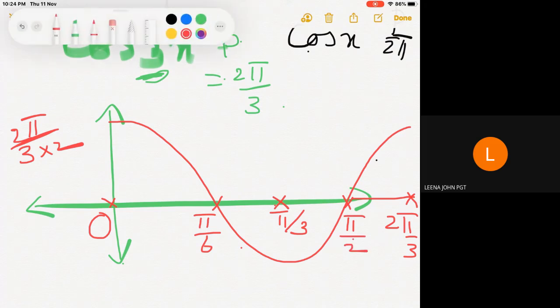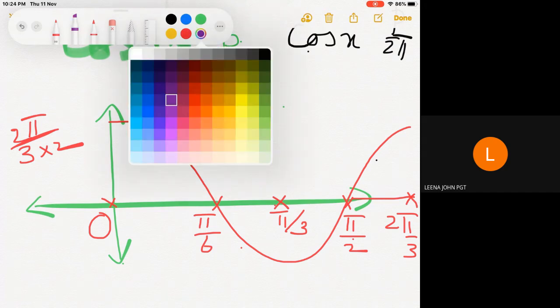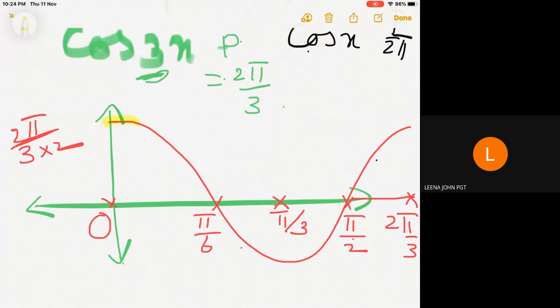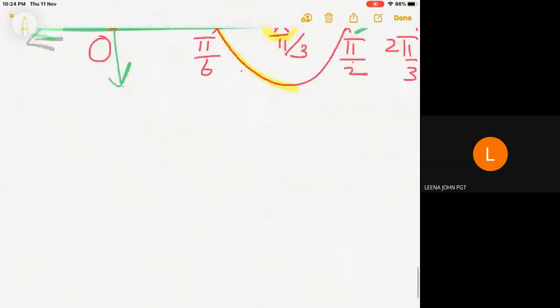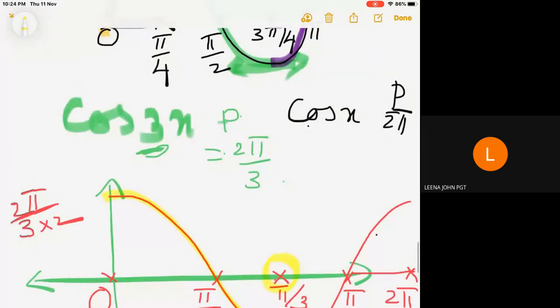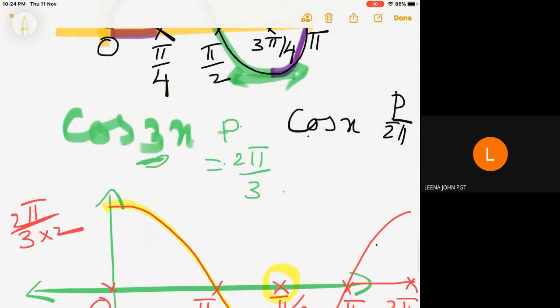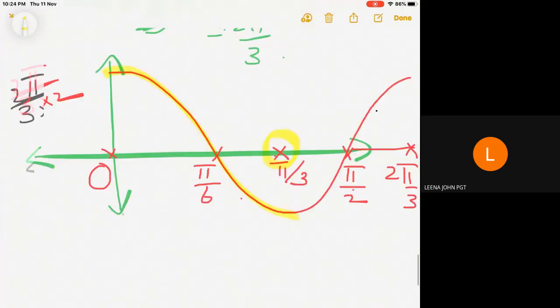Now here also you can easily locate where the function is strictly decreasing. You can see here strictly decreasing excluding this point, and strictly increasing from pi by 3 to 2 pi by 3. So this is a way you can, without using the derivative test, conclude very fast, and that will be an easy method for doing your MCQ.